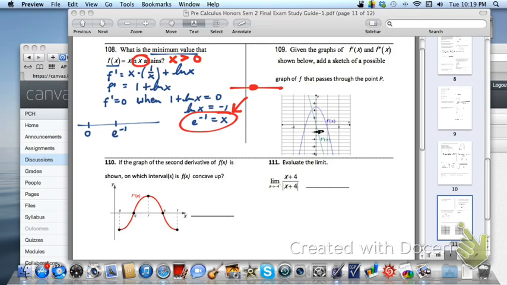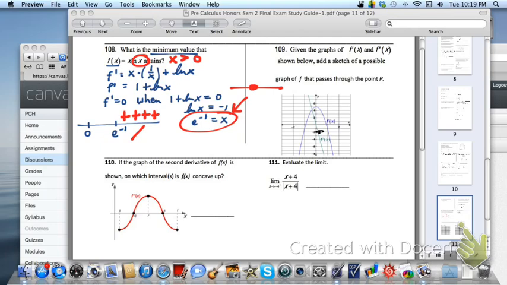And so to the right of e to the -1, we should be able to tell pretty quickly that f prime is positive on that interval, which means that f is increasing on the interval.